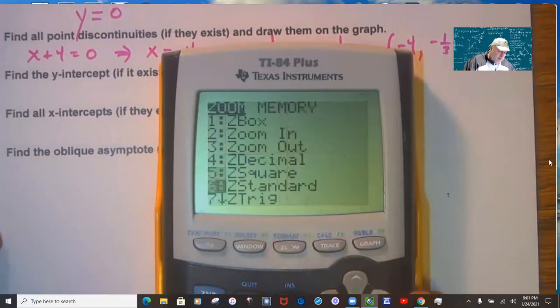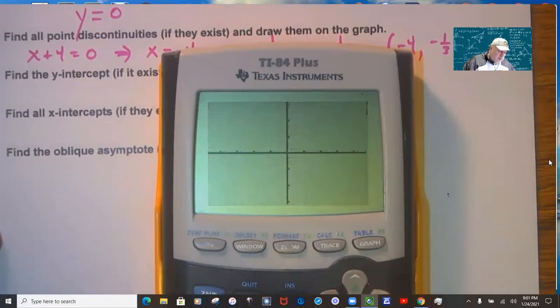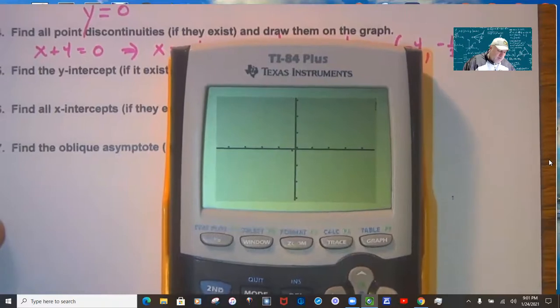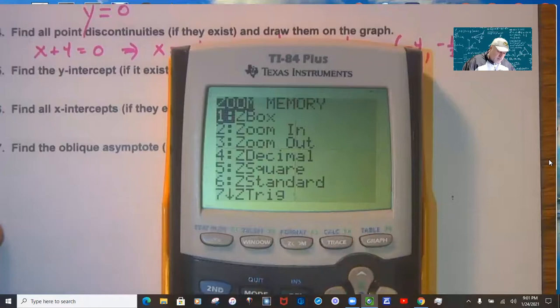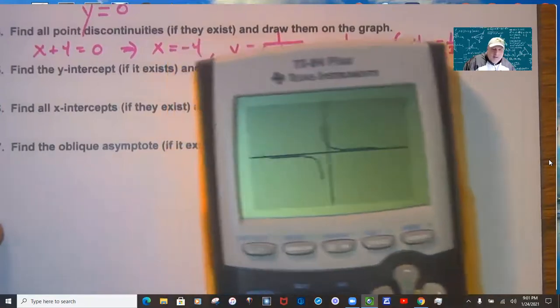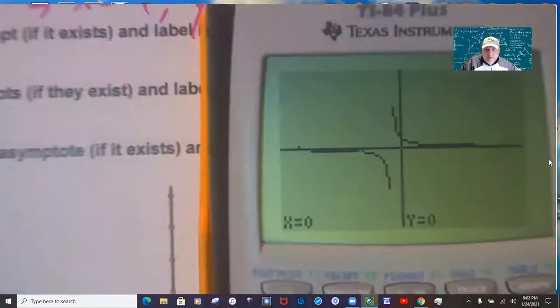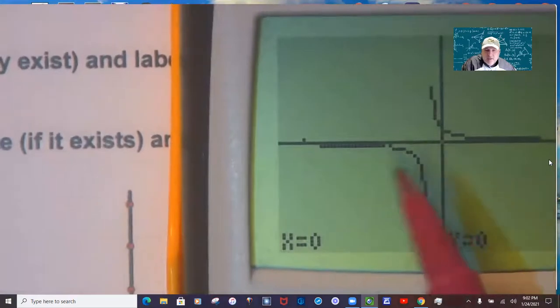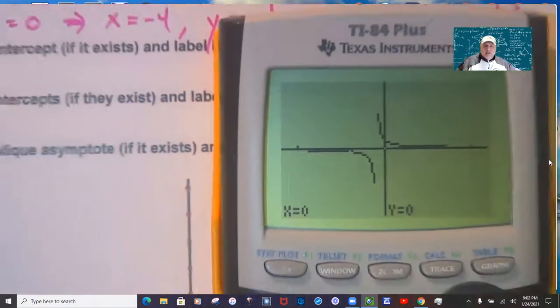We'll have to do another one where I can get it to show. But zoom integer does it. I guess you can kind of see it. Let me zoom my camera in right there after 80 tries. So you actually can see it on the graph. Don't try to do what I just did. It's a waste of time. But it actually does show it.